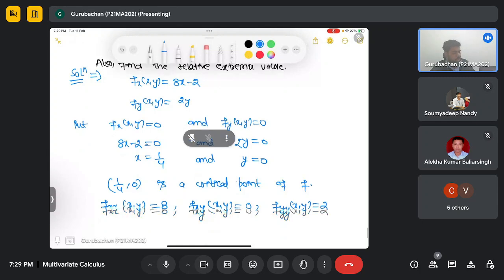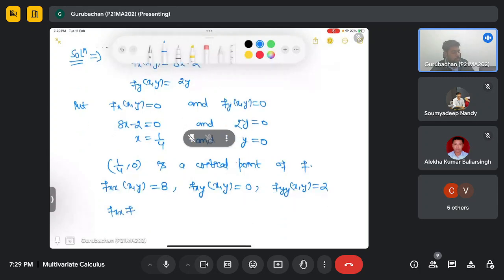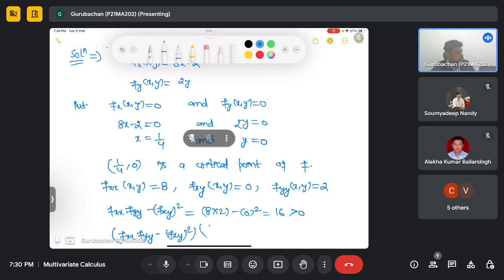So first of all, we need to compute the value f_xx f_yy minus f_xy whole square. This will give us 8 into 2 minus 0 square, which will be 16, and this is greater than 0 for any (x,y). But we need to compute at the critical point, therefore it will also give at the critical point 16, which is greater than 0.